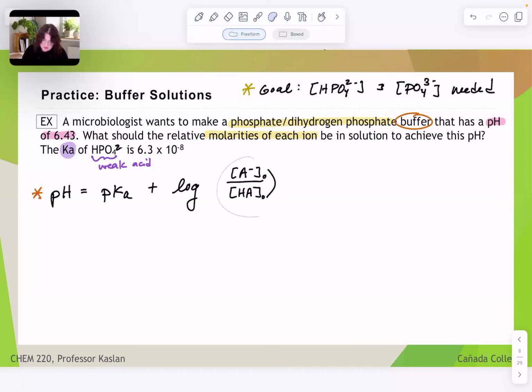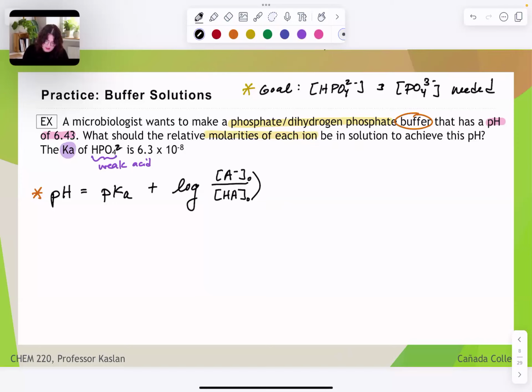I don't need to do any kind of equilibrium analysis to determine what the actual quantities of these are in the beaker, because those will be very similar to our initial ones. So we're presuming a small x approximation here.